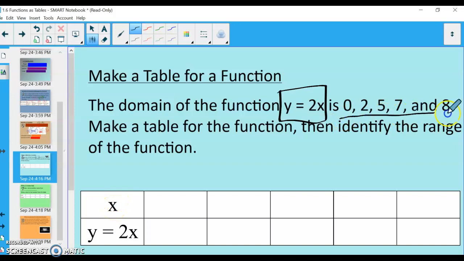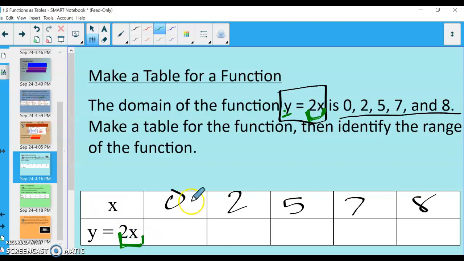It identifies and tells us what those are automatically. The range then tells us what do we have to do to those x's. So to get y, it tells us that we have to multiply 2 times our x. So 2 times that x. And then we'll do that for every single input that's there.